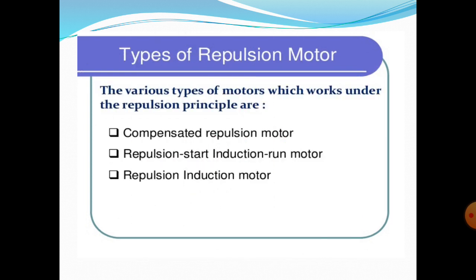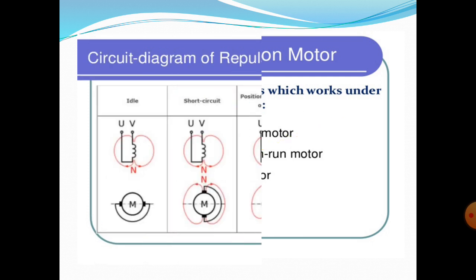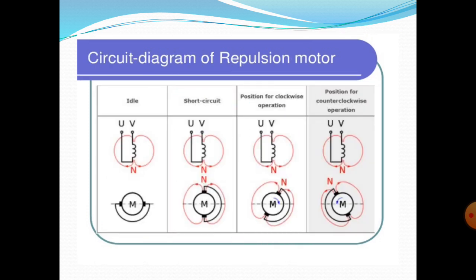And next is the performance of the repulsion motor, the torque equation, the developed torque T. The torque T is equal to Xm into I1 squared into sin alpha into cos alpha, where alpha is the electrical angle of brush shift, I1 is the current in the stator winding, and I2 is the current in the armature referred to the stator.